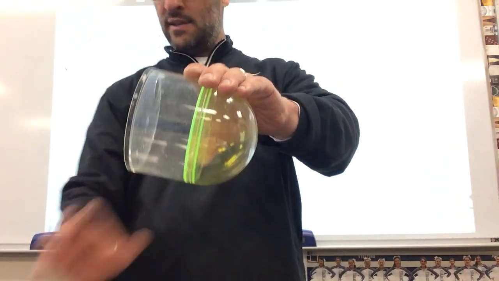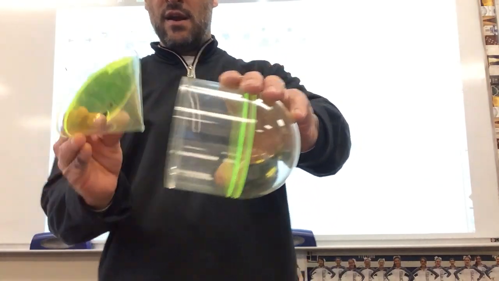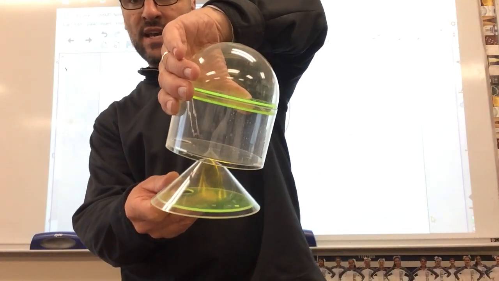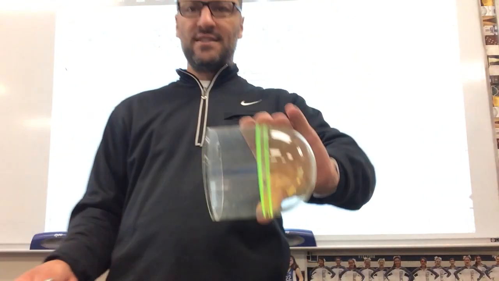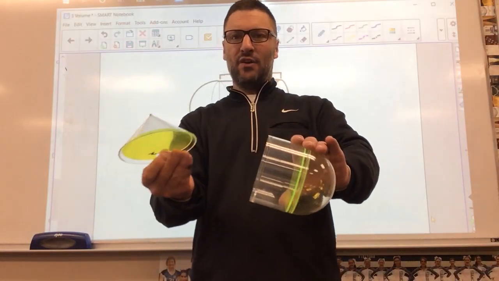If I took a chunk of cone out, if that cone in there was gone. So maybe it was something sitting there like this, and I had this cone inside, and I wanted the volume of these two together, and then the cone subtracted out of that volume in essence.